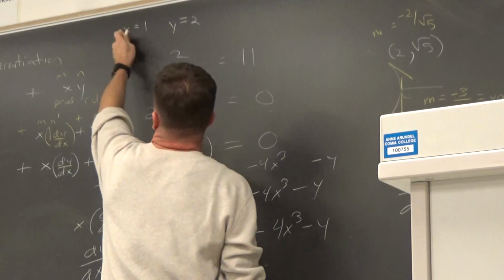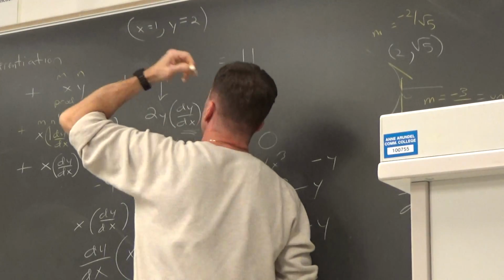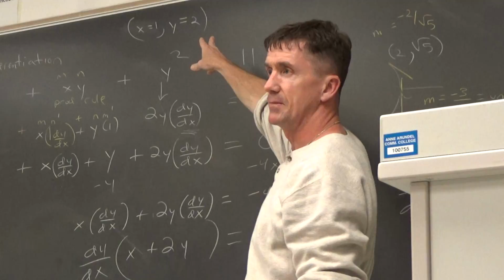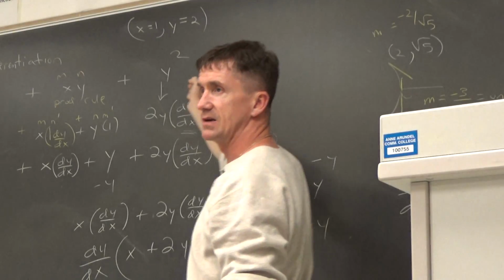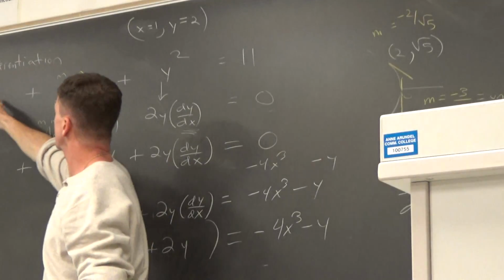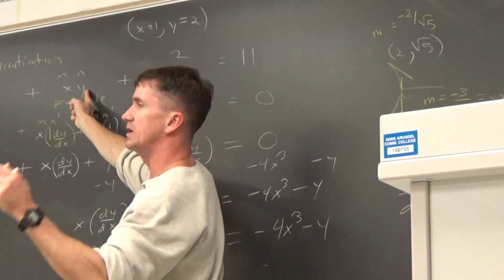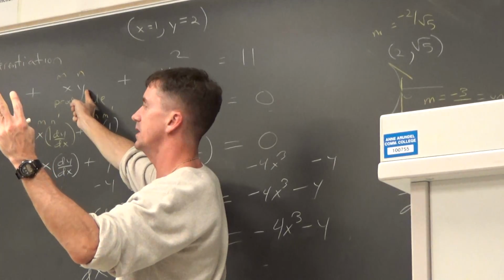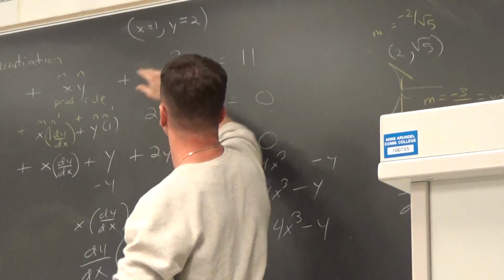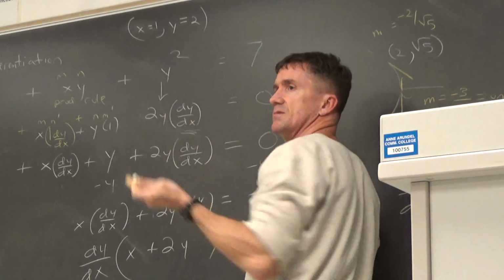If you're just picking a typical point like 1, 2, that point has to be right on this curve. Do you agree? So can I tweak this a little bit? If x is 1 and y was 2, 1 plus 1 times 2 is, what's 1 plus 2? 3 plus, what's 2 squared? 3 plus 4? 7. Do you all agree? So let's just make this a 7, for example.